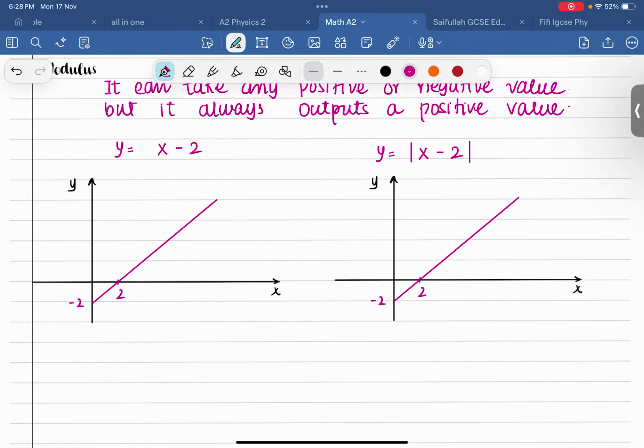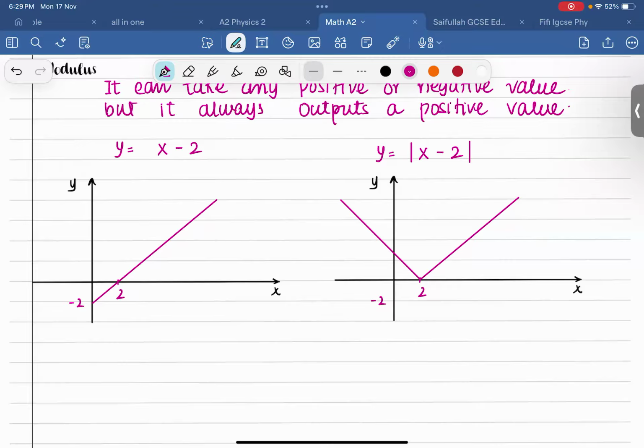If you have the modulus, it will always give you the positive value. So the graph will only reach that point and then you make the reflection, like this. So the modulus function looks like this on the graph, right?